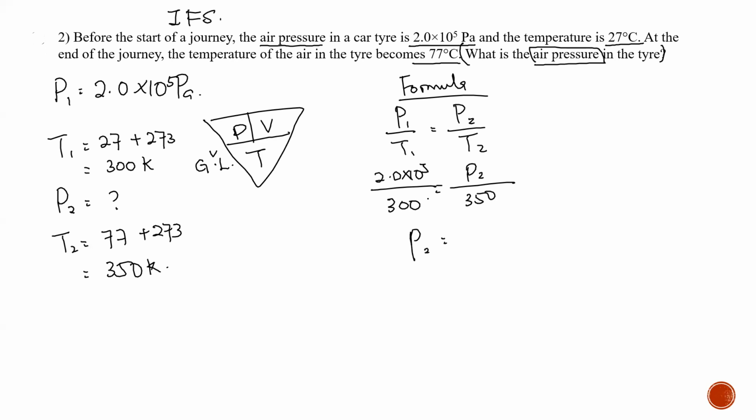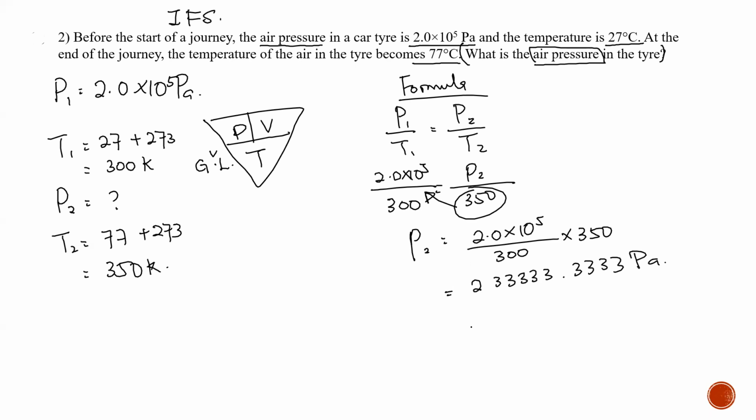So P2 equals the same thing, cross multiply up: 2.0 times 10 to the power of 5 divided by 300 times 350. So it would be 233,333.33 Pascal. Or you can make it as 2.33 times 10 to the power of 5 Pascal.